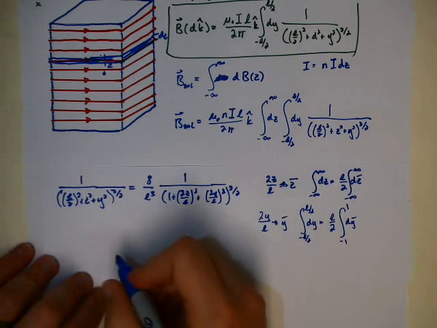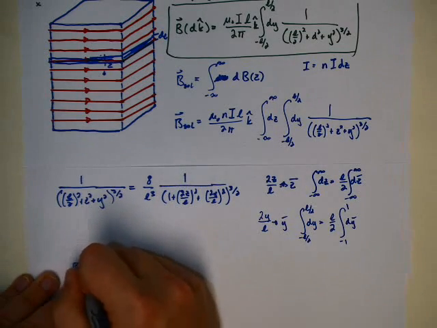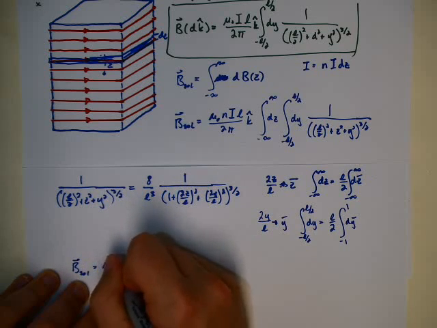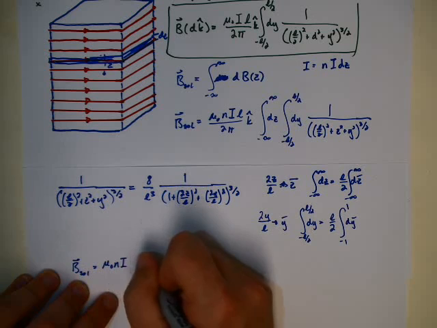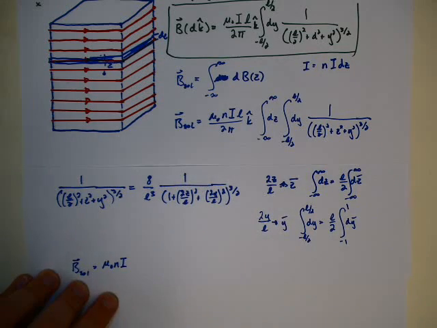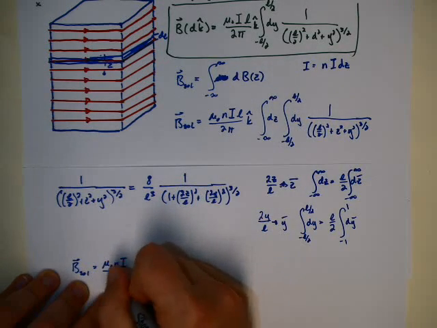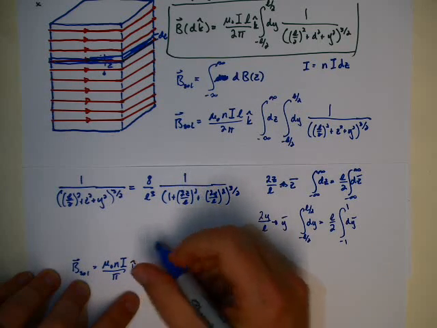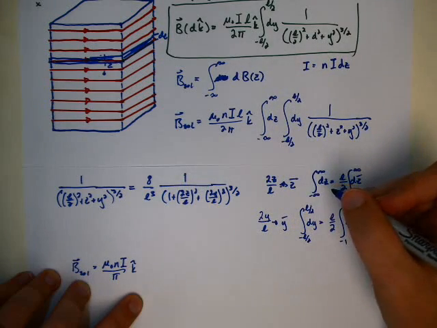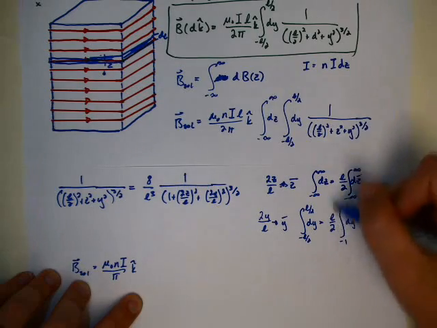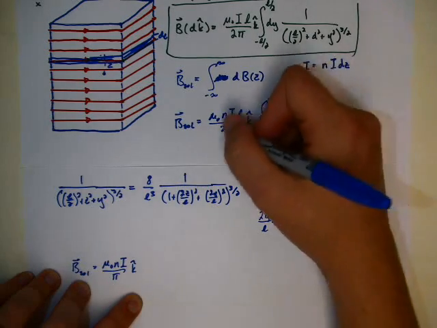Now I can rewrite the magnetic field for the solenoid as mu naught n I. I'm going to actually borrow the 2 here, so this will be over pi times k hat. I'm going to borrow this L over 2, and notice what I'm going to do. I have an L over 2 from the dz integral, I have an L over 2 from the dy integral, and I have an L over 2 from here.